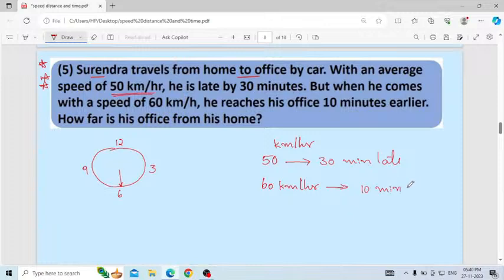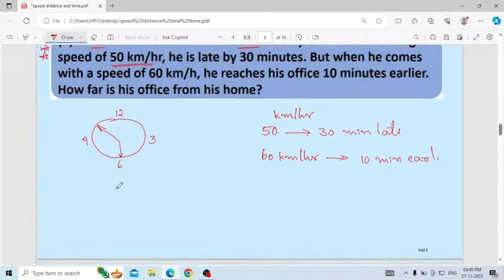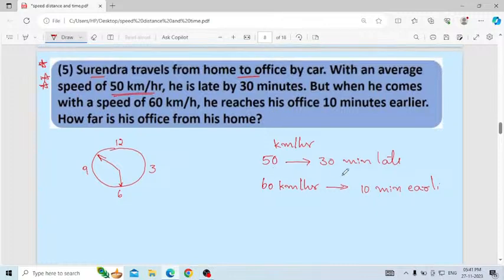This is how we indicate the 10 minutes early, and this is the 30 minutes. When you solve this kind of question, if both speeds are different, observe the time: one is 30 minutes late, another is 10 minutes early.